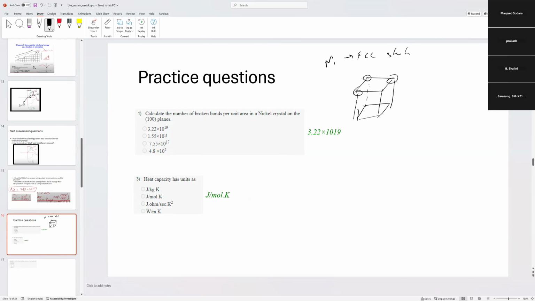You have an atom sitting on the edge and one sitting on the surface. You cut it along 100, so along the x, it's 1. Y, so it's parallel to your y plane.